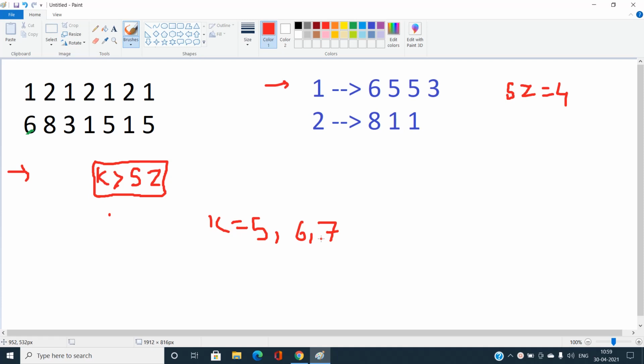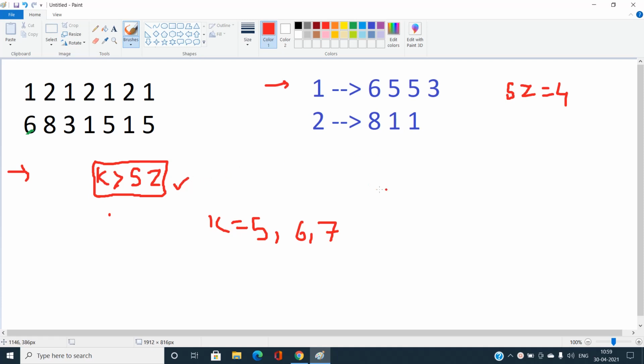So if SZ is strictly less than K, I cannot form the first team. So for every value of K greater than SZ, I'm not interested in those values, as they do not contribute to the answer.